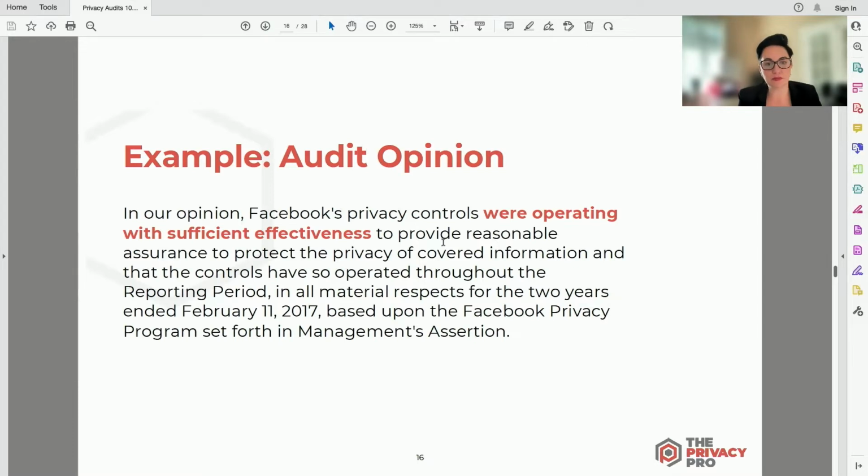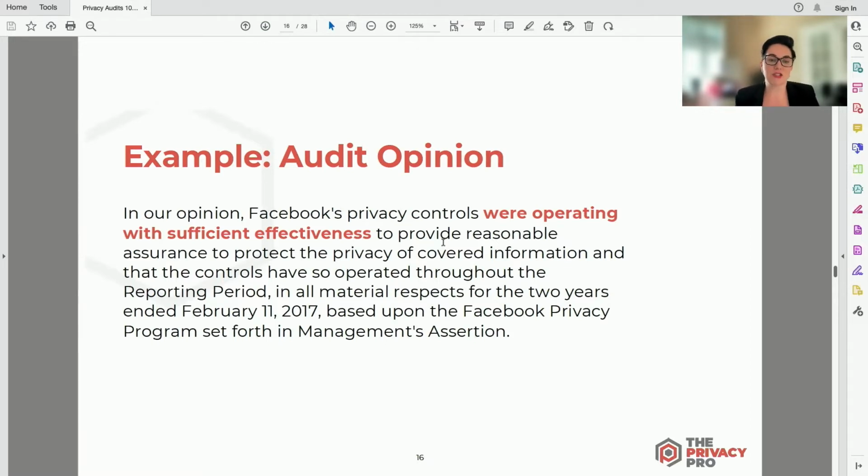Now, we don't have PwC's test procedures, but generally when testing controls, the auditor is going to figure out the total population, choose a sample and set a tolerance, and there are methodologies for doing this, and they're going to look for evidence to see if that control was working based on that sample. So a simple example of this would be related to data subject access requests or DSARs.